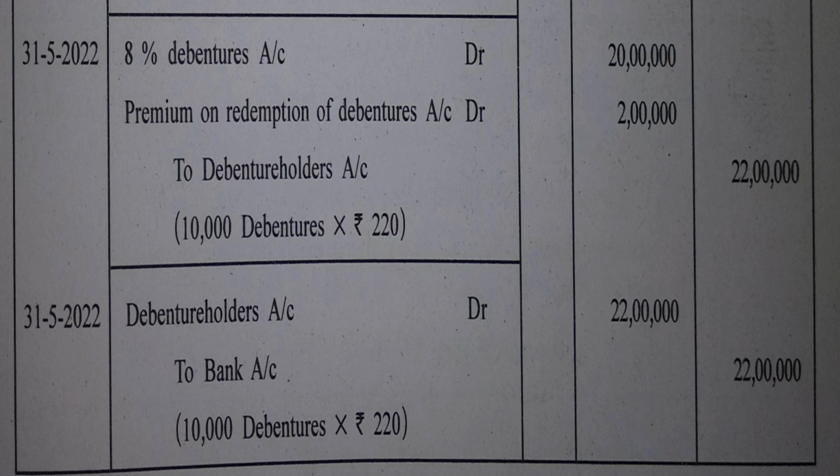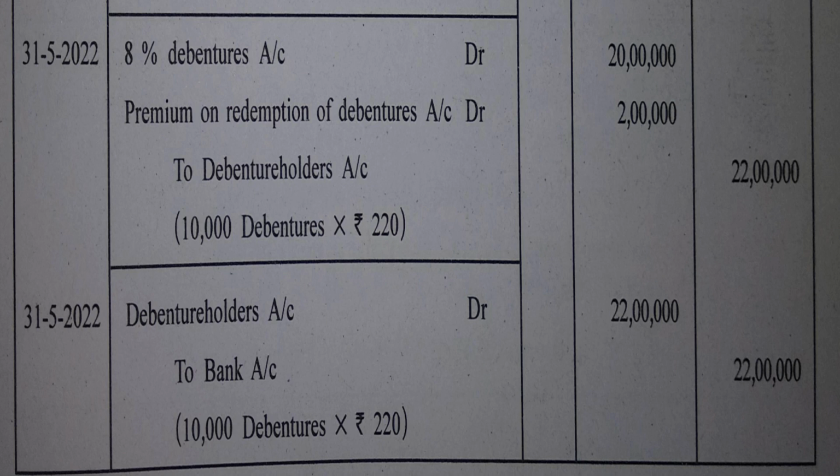There are three values overall in this sum. Firstly, it is face value, 200 rupees. Then there is premium on issue, 10 rupees. This way, 210 rupees. This is the second price.